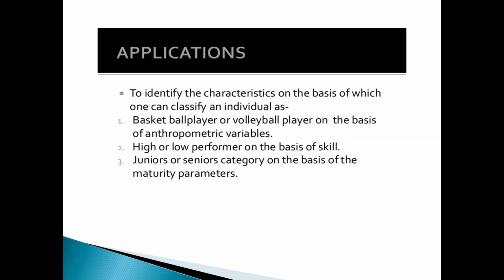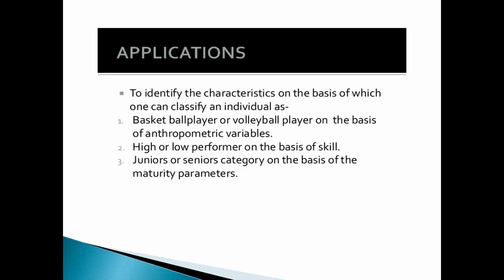Now these are some of the applications: to identify the characteristics on the basis of which one can classify an individual. Here we also have to define the independent traits on the basis of which we decide whether an individual is a basketball player or a volleyball player, on the basis of anthropometric variables. So we have to decide the effective anthropometric variables.